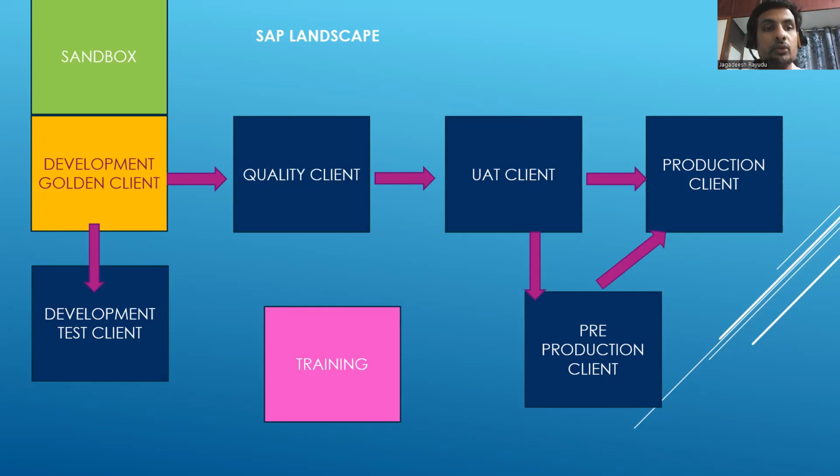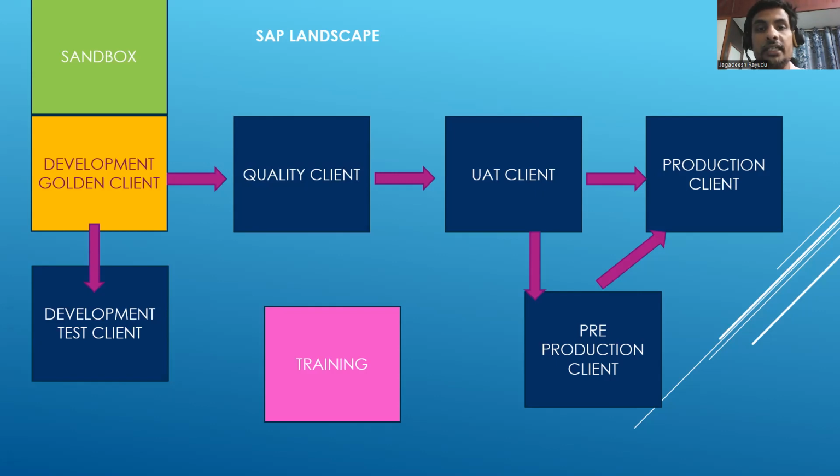In the development golden client, whenever any developer moves any object changes, or your functional consultant does changes, they will be moved to the test client. After testing, that testing is called unit testing, it will then move to the quality client. In the quality client you can do testing by another team or the same team: end-to-end testing, functional testing or integration testing, different kinds of testing. That is called the quality client.